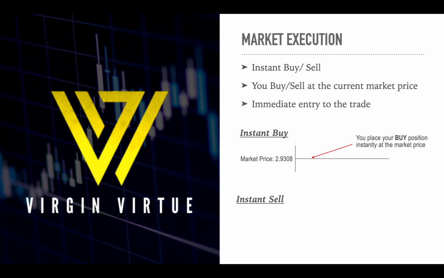For the sell position, I'm going to use the same price. You place your sell position instantly at the market price, so your MetaTrader platform will be showing sell at 2.9308. Okay guys, so this is an instant order.